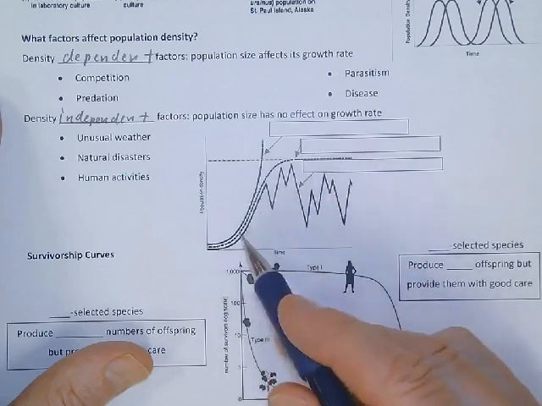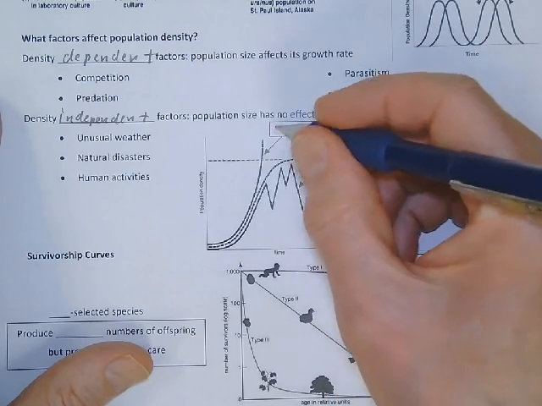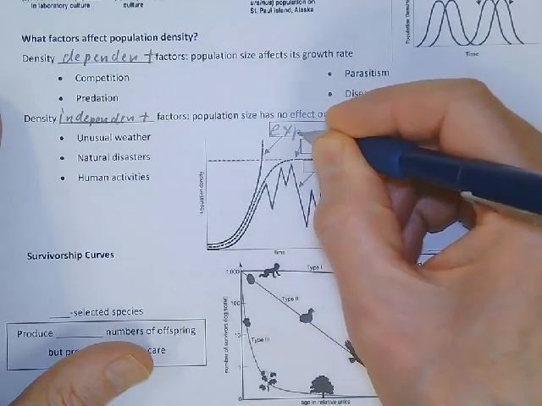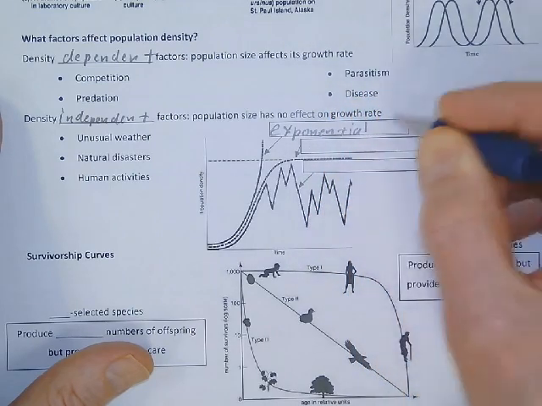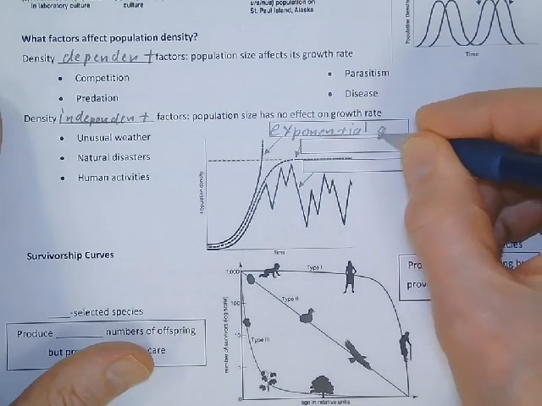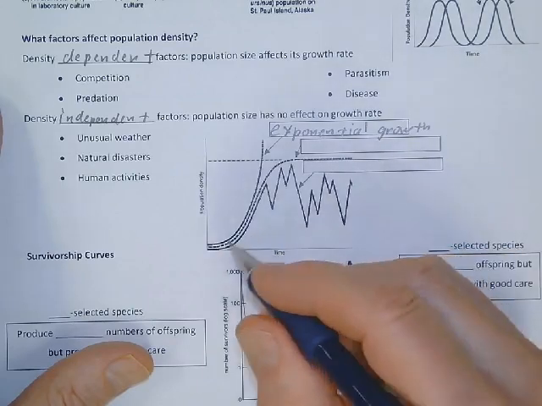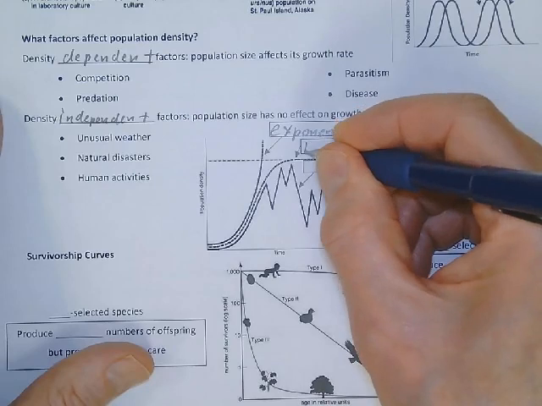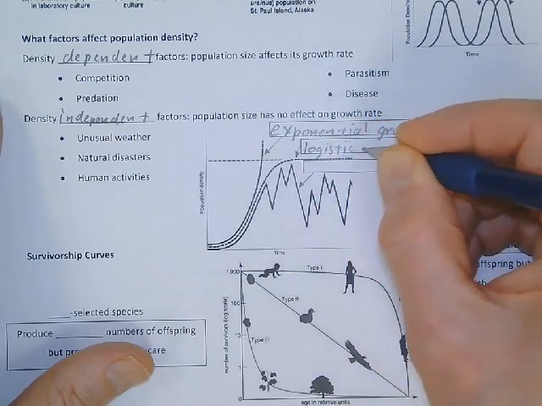So if we look at three of these, this first one, that's exponential growth, right? It's just that J curve we were looking at. Logistic curve growth.